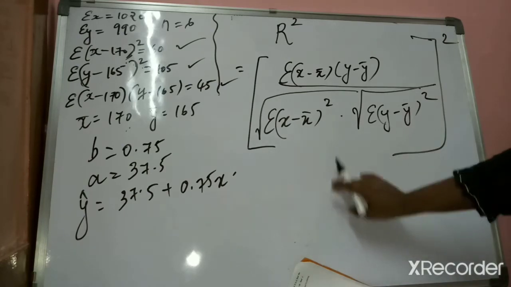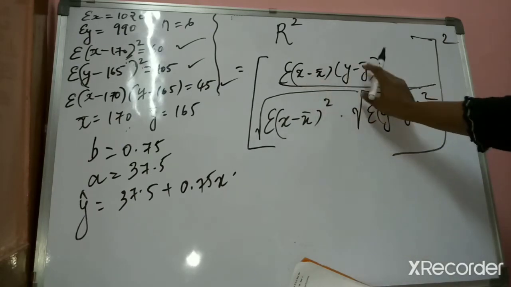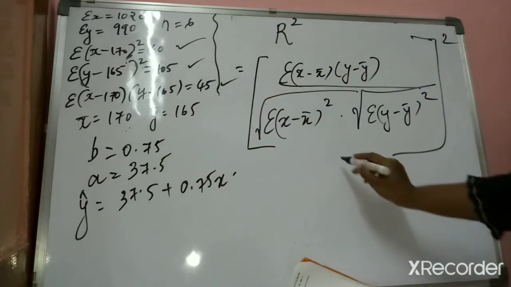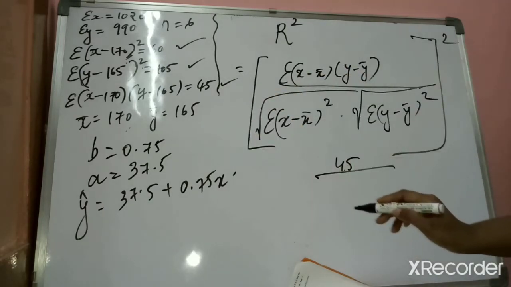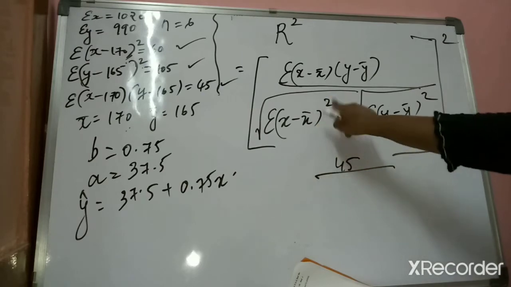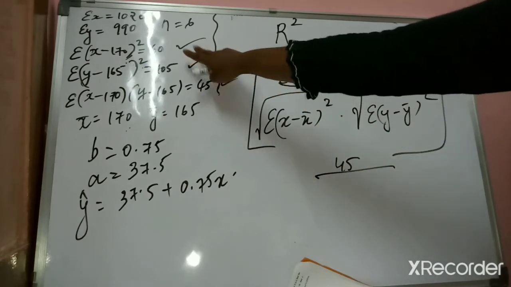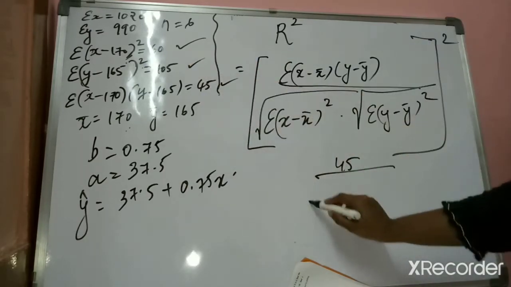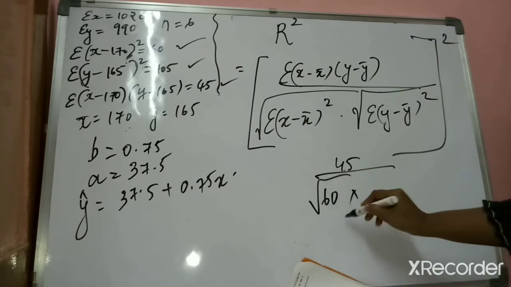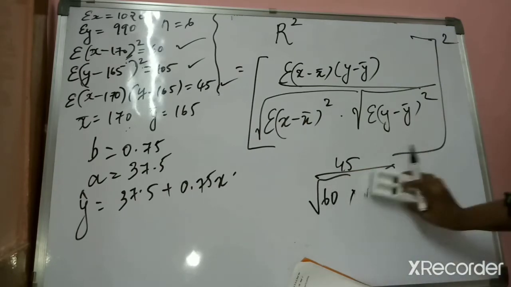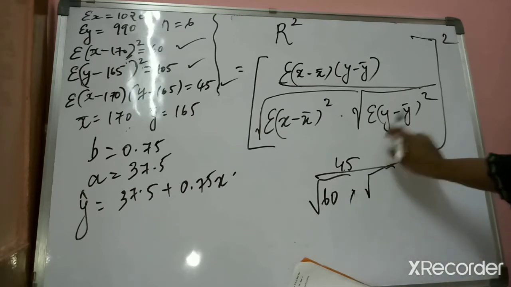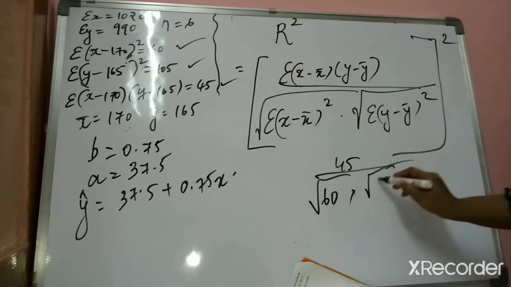Clear with this? Now x minus x bar into y minus y bar, the answer is given to you as 45. Clear? Then x minus x bar the whole square, that is your 60 given to you, and then you have to find out the square root. So square root of 60 multiplied by y minus y bar the whole square, that is given to you as 105.